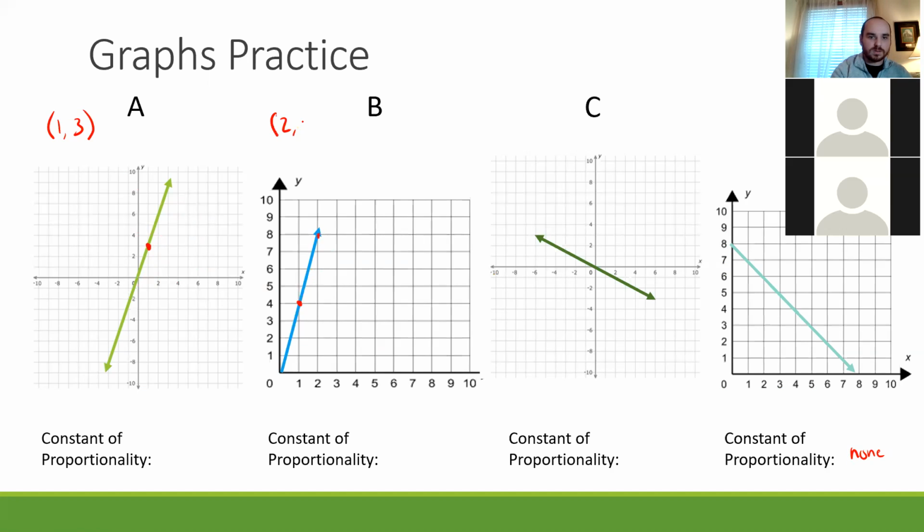So I'll write out the 2, 8. This one, I'm going to give you a negative point. So we're going to have negative 4, 2. So I want you all to try to calculate the constant of proportionality for each of these graphs. And remember, constant of proportionality is the y over x.